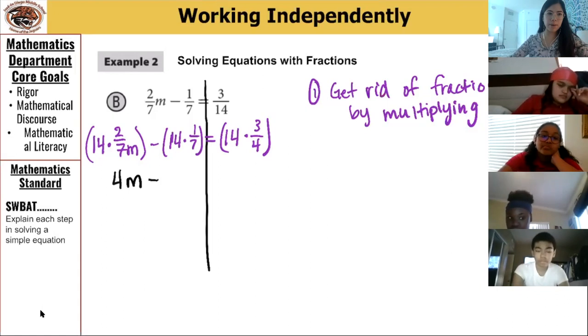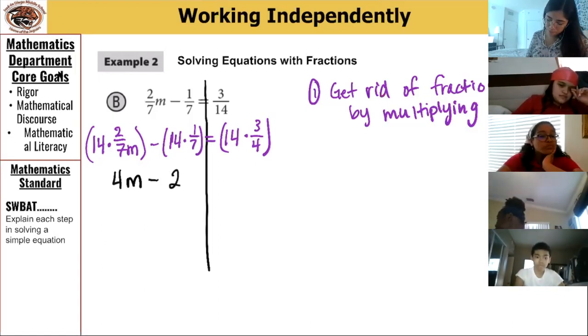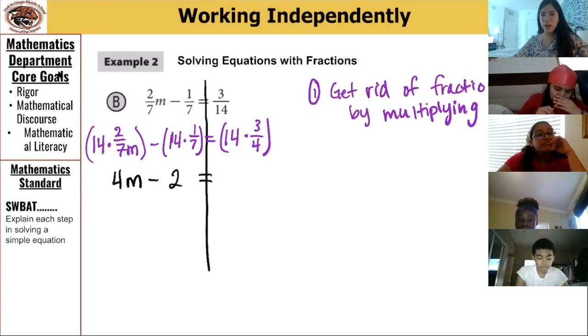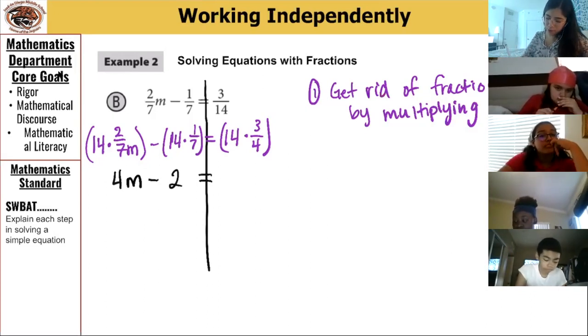And I'm going to divide that by 7. That gives me 2. And then finally, I'm doing 14 times 3. What's 14 times 3? 42. 42 divided by 4. Sorry, by 14. That's supposed to be a 14. There we go. It brings you right back to 3.